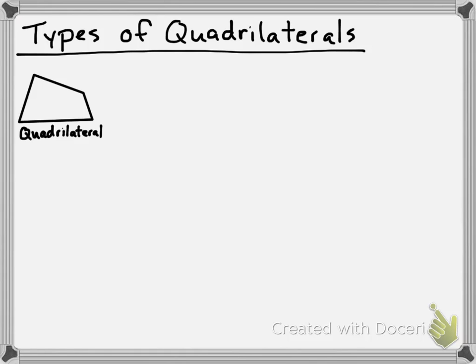Okay, that means that all it has is the characteristics of any quadrilateral, meaning 4 sides, 4 interior angles. It's a polygon. So basically what we looked at on the last slide. It only meets the basic characteristics of a quadrilateral.